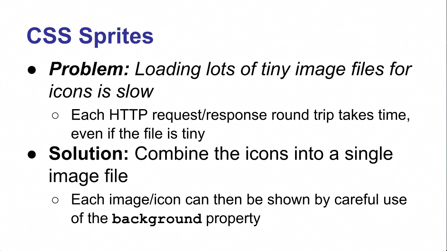Even a few icons can then cause the user to abandon the page as being too slow to load. CSS Sprites solve the problem by combining all the image icons into one image file so that there is just one round trip to the web server. Each icon is then shown individually as needed through careful use of the background property.